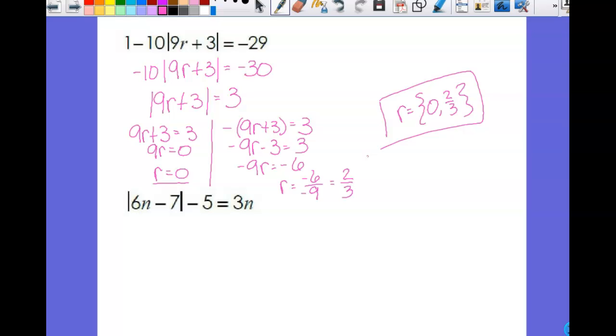Well, it's being subtracted, so you would add it. So it'd be 3n plus 5. Make sense?